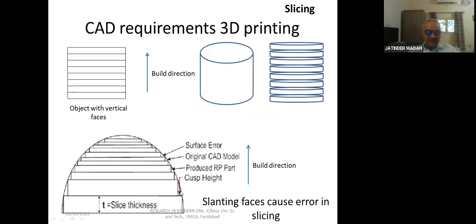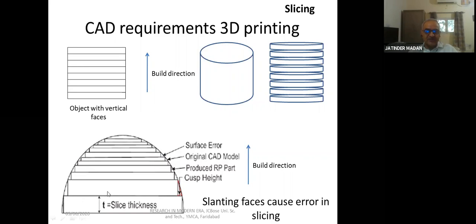So the next layer will be somewhat shorter, and you get some area which is left out. So you have a bigger slice, and here the lower and next slice, third, fourth, fifth, and this is the area. This is the error which is going to remain when you create your 3D print.